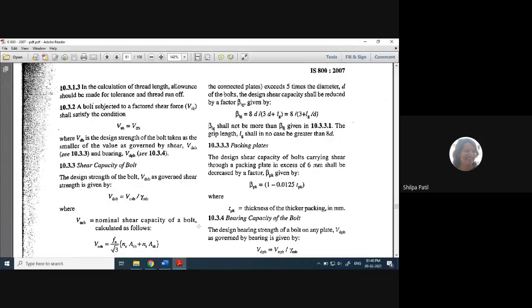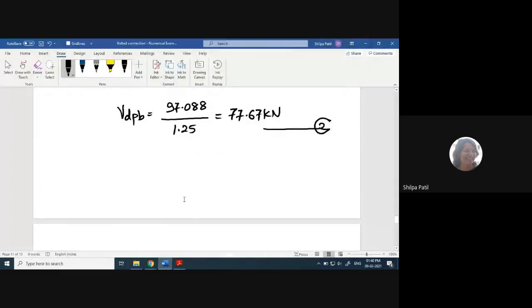So I will just write down Vdb is equal to the smaller of Vdsb and Vdpb.